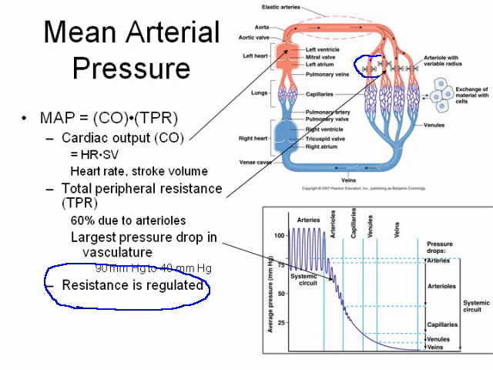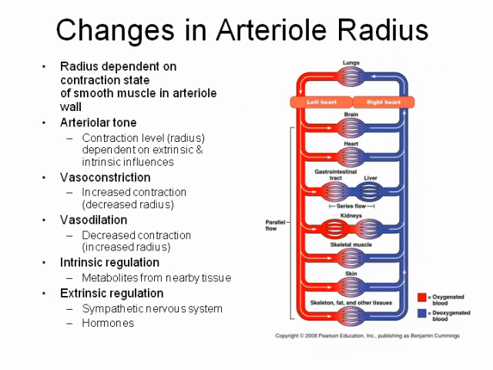Resistance is regulated. Basically, the smooth muscle on these arterioles acts as a regulator of resistance by altering the radius of the arterioles. So how do we change the arteriolar radius? Well, it's due to the contractile state of smooth muscle in the wall of the arteriole.